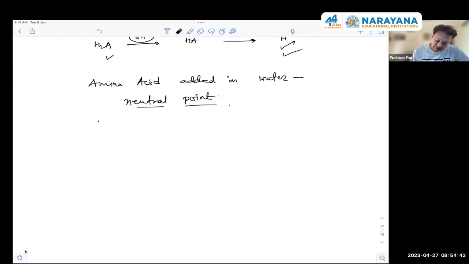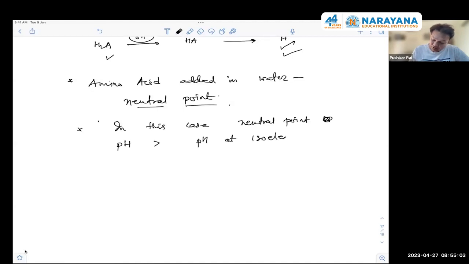So in this case, at the neutral point, pH is greater than pH at the isoelectric point.